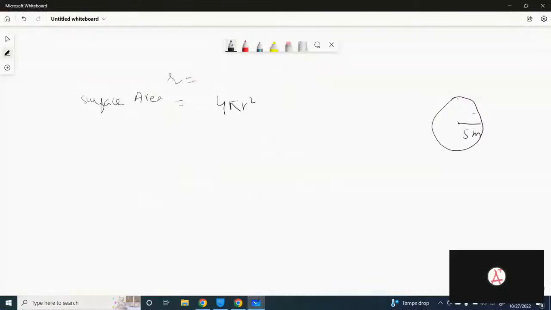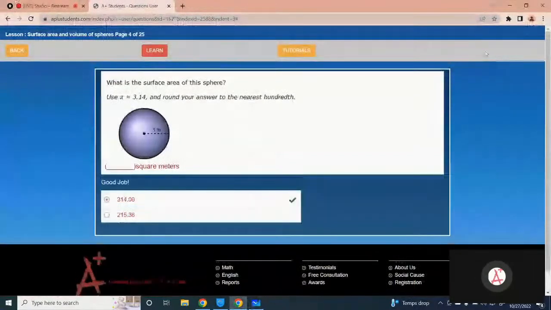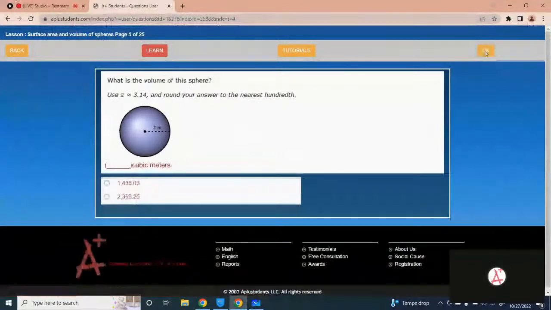The radius is 5 meter. 4, 3.14 and r is 5 square. So it would be 25 times 4 is 100 and 100 times 3.14 is 314. Got it? So the correct option is 314. Select the correct option and click on the OK button. Okay, you can complete the test by yourself later today.